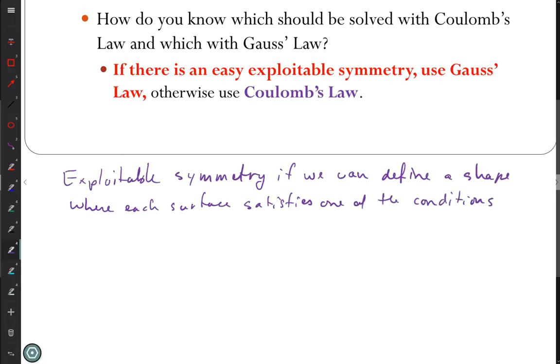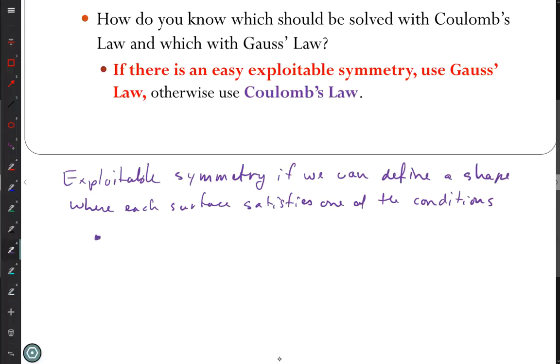If I can define a shape, these shapes that we use for Gauss's law are not real objects. They're shapes we use exclusively for calculation, so you can think up any shape.